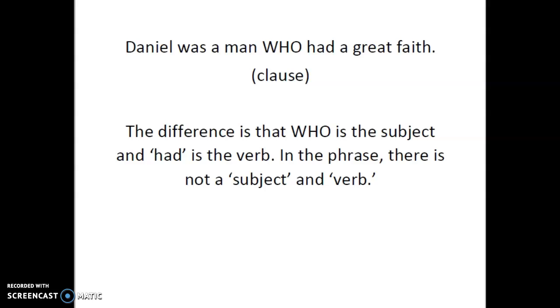Faith. And so that needs to be diagrammed in its own little place, and we're going to get there in just a second. The difference is that who is the subject and had is the verb. In the phrase, though, there is not a subject and verb, so don't try to find one.